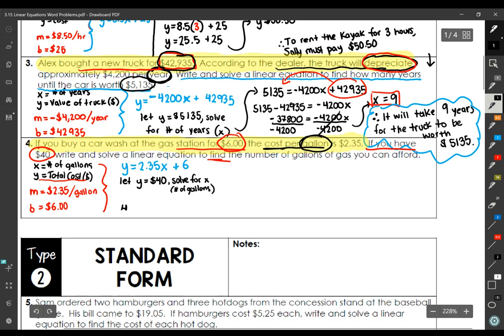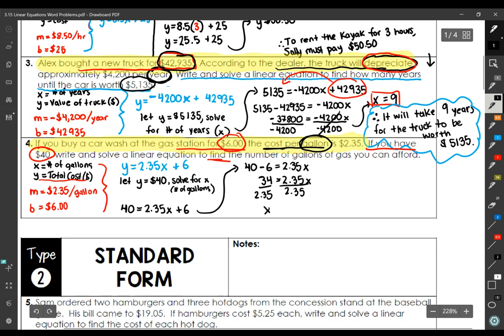So 40 for Y. Right? And then again, we're just rearranging, isolating for X. So I'm going to bring that 6 over. It's going to be 40 minus 6 is equal to 2.35X. That gives us 34 is equal to 2.35X. And then finally, divide both sides by 2.35.